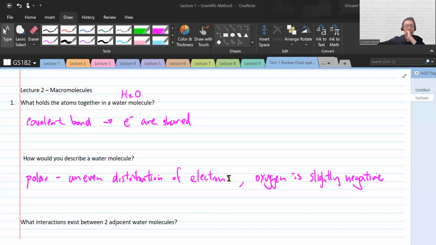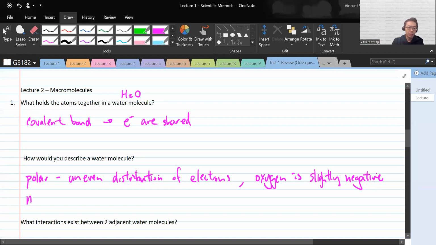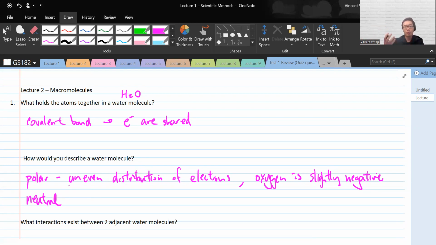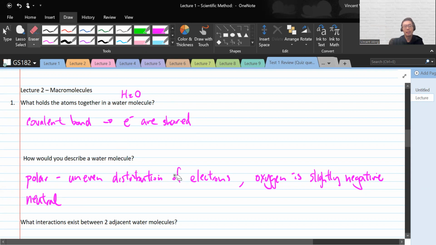Moving on. So the molecule is polar, but it's neutral. Okay. Overall, the molecule is neutral because there's no extra electron or missing electron. It's just that the distribution of these electrons is uneven, which makes it polar.